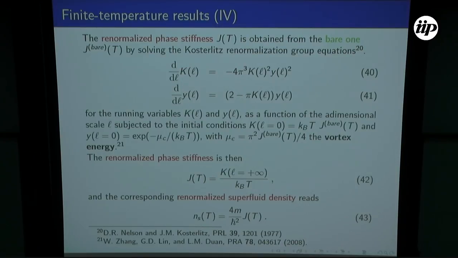I have simply written the equations, but if you follow their paper, you will see that solving these equations, you are able to get the renormalized phase stiffness, knowing the bare one, and from the renormalized phase stiffness, obviously, we get the renormalized superfluid density. These equations can be solved also analytically, by the way. You give as initial conditions the bare superfluid density, the bare stiffness, and at the end you will get the renormalized one, both dependent on temperature.